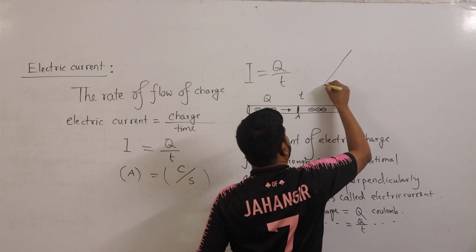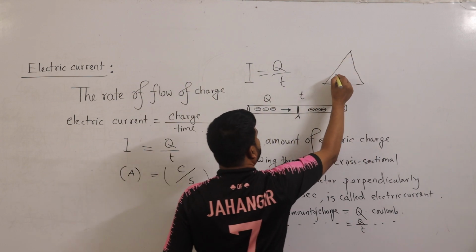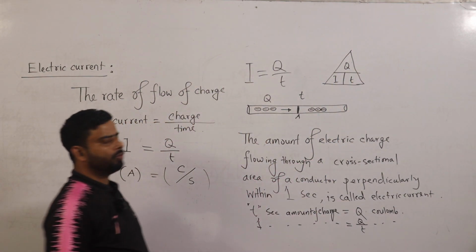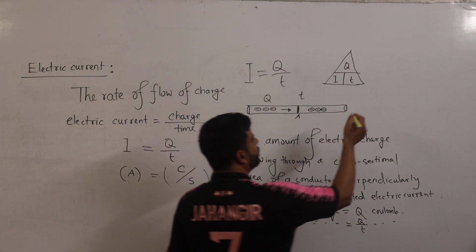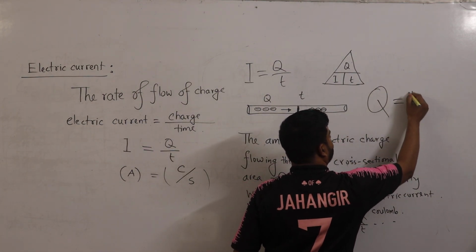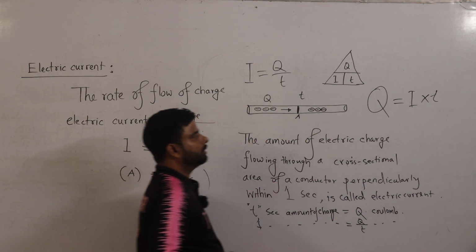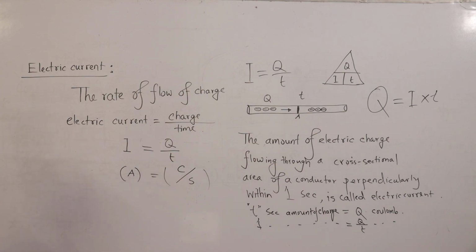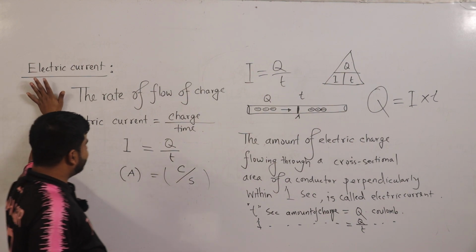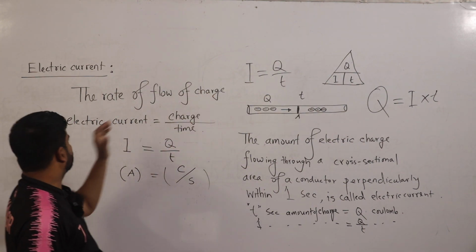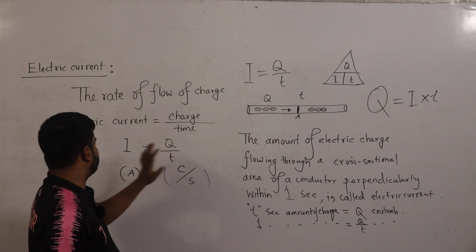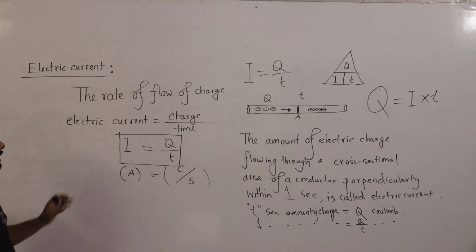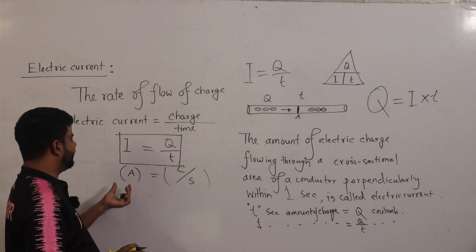There is a formula triangle. So I equals Q divided by T, and if we want to find the charge, charge equals current into time. Electric current is the rate of flow of charge, denoted by I equals Q divided by T. The unit of current is ampere.